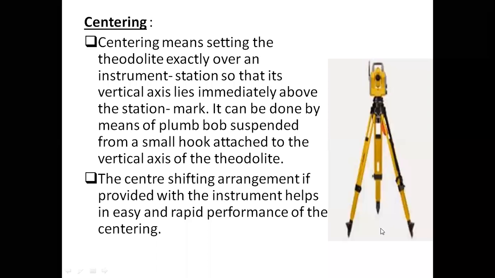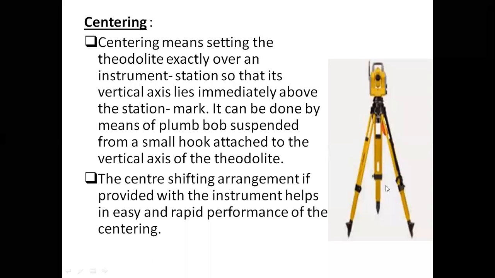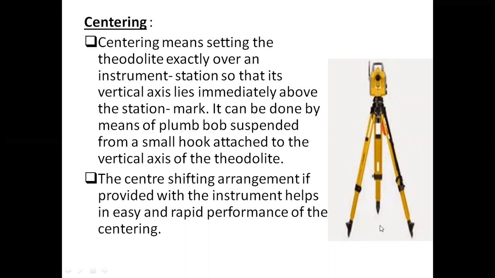For that, you first roughly fix this instrument, then move the three legs, or one or two legs, inward or outward or clockwise or anti-clockwise, so that the theodolite instrument comes roughly onto the station point.